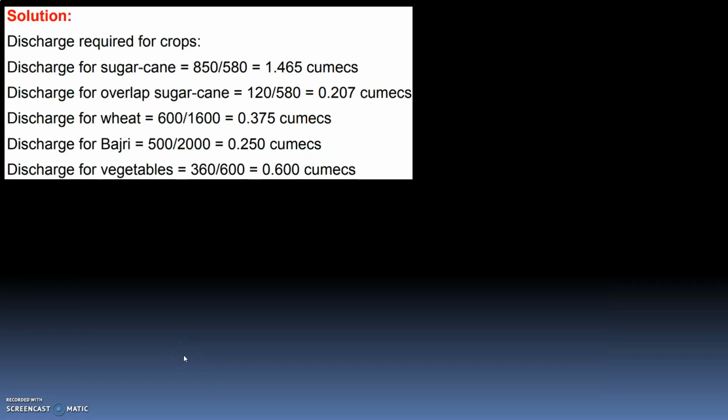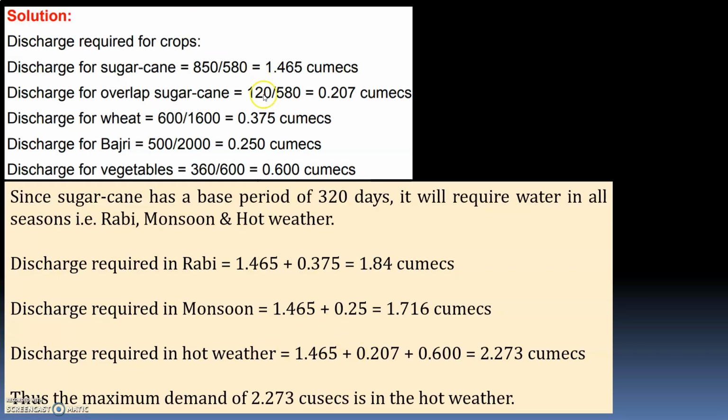Both the discharges you have to consider. That is the overlap sugarcane 0.207 and discharge for vegetable 0.6. So it becomes 2.273. So the maximum demand of water is 2.273 cumecs in the hot weather.